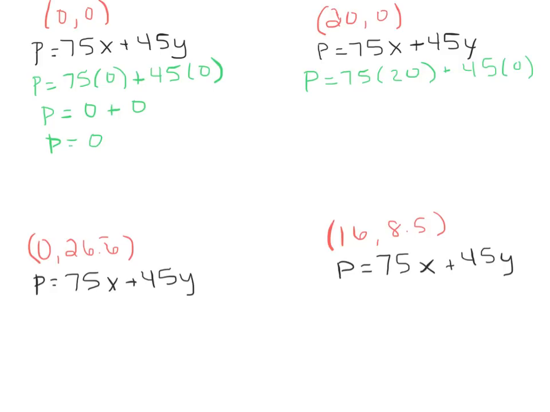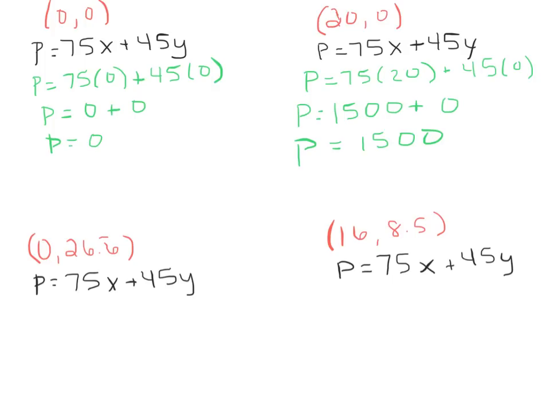That would be us making 20 rollerball pins and 0 of the ballpoint pins. And we get that P equals 75 times 20 is 1,500 plus 0. We're left with P equal to 1,500. So that would be a profit of 1,500.